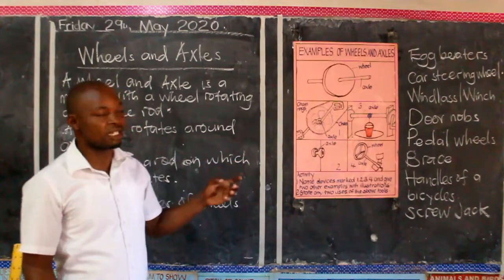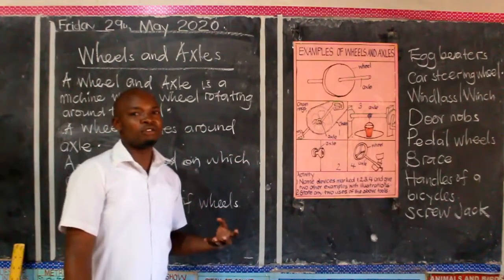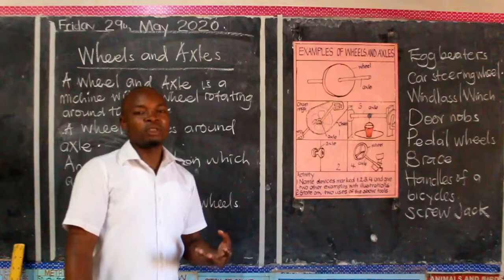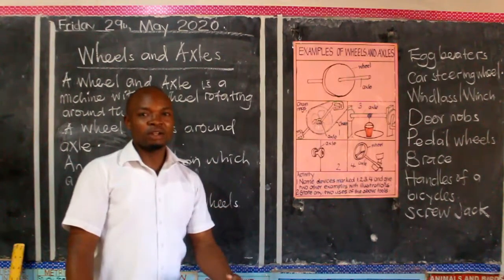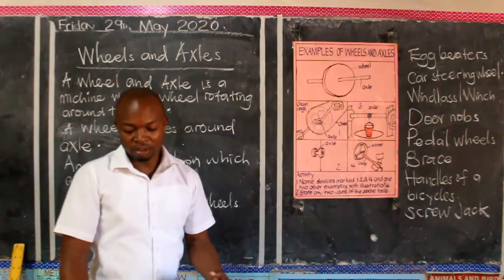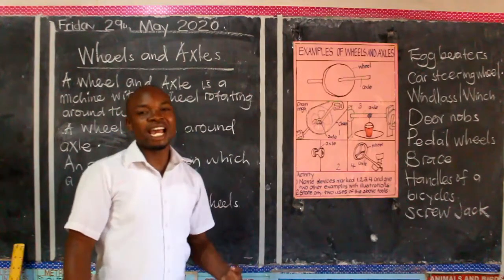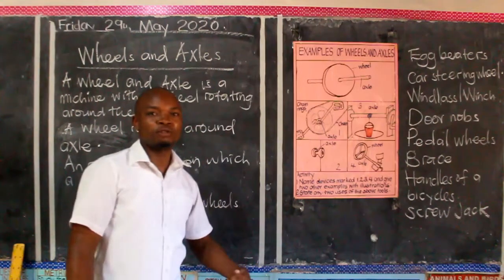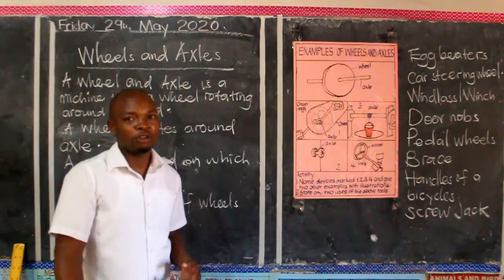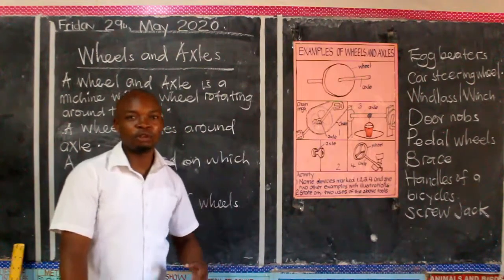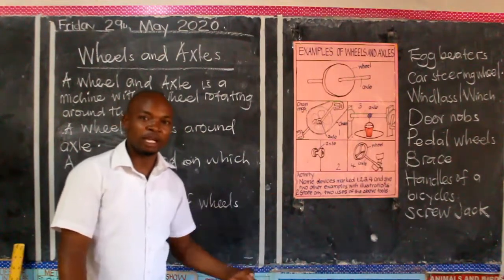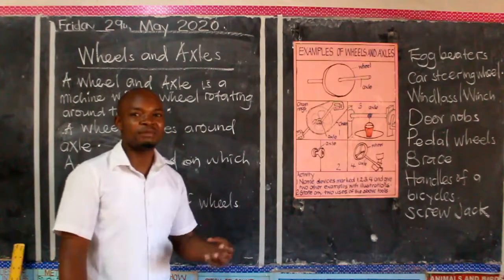For egg beaters, you are aware they are used for beating eggs or for preparing eggs when you are going to fry. For example, you say you want to make an omelette. During morning hours there, you have your milk. You need to make an omelette faster. This machine simplifies work.